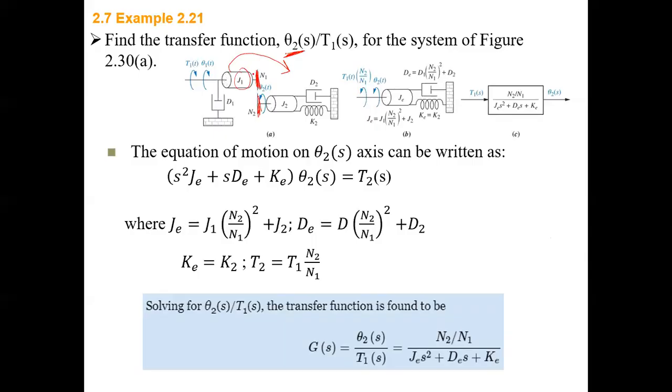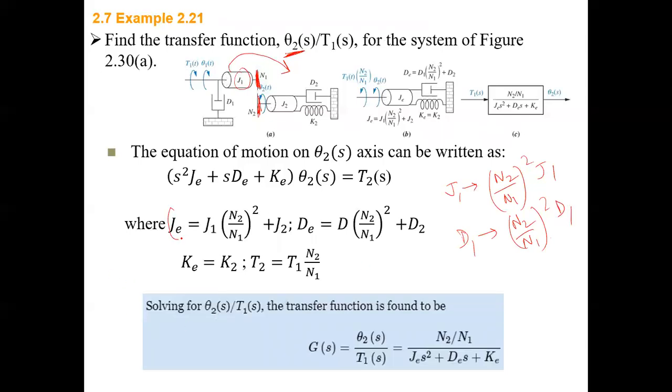We are going from left to right, so that's why you have destination squared over source squared. So your J1 will transfer like this: N2 over N1 squared, then J1. Similarly, D1 becomes N2 over N1 squared D1.